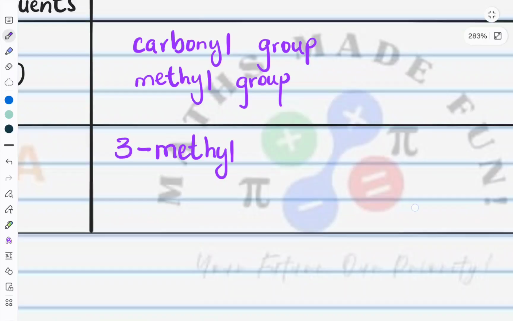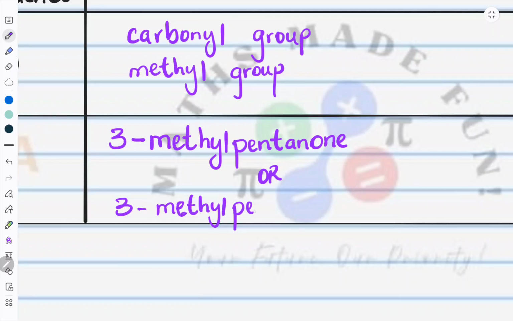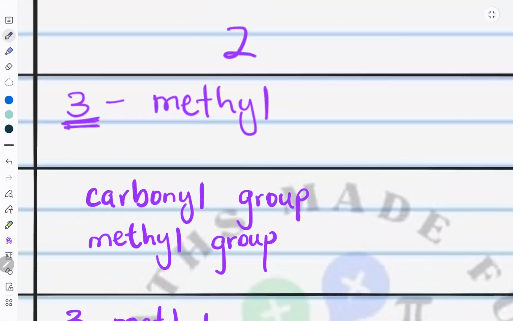The name of the parent chain is pent. Once we add a suffix, which is O-N-E, we get pentanone. That's the suffix for ketones, right? O-N-E. But you can't just say pentone, right? So it's pentanone instead. Or you can say 3-methylpent, and then, oh yes, we forgot to put the location of our carbonyl group here.